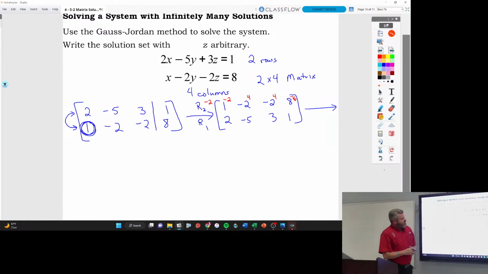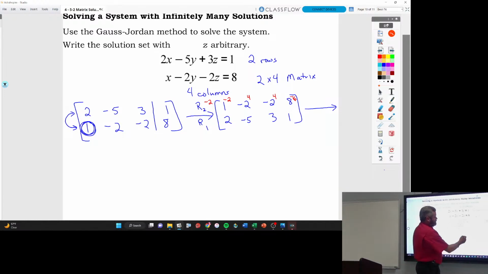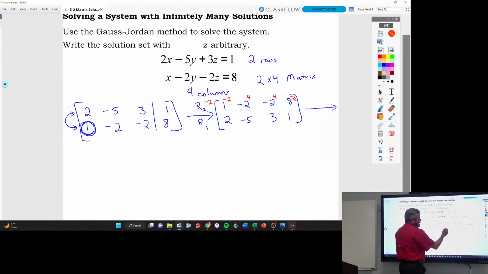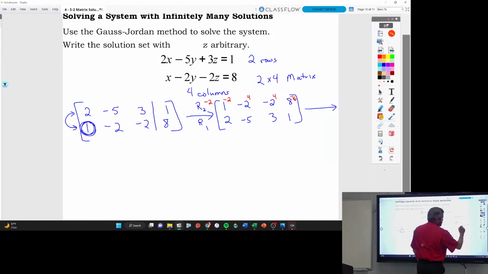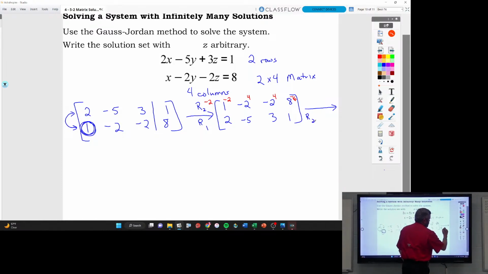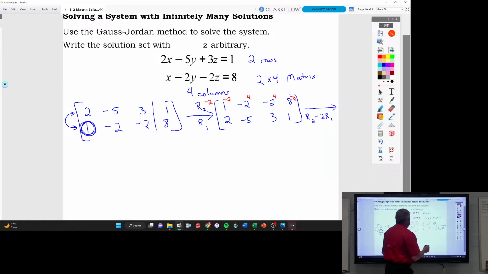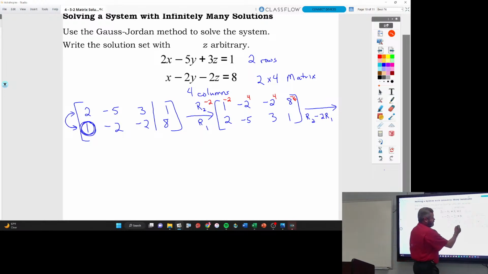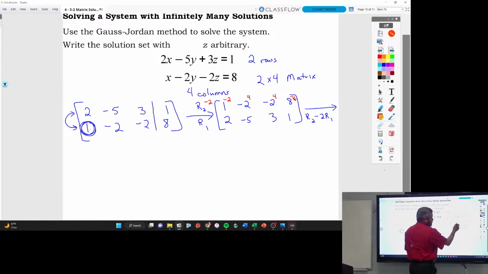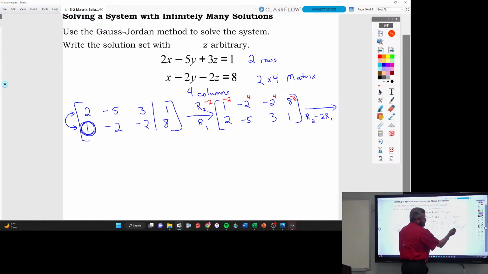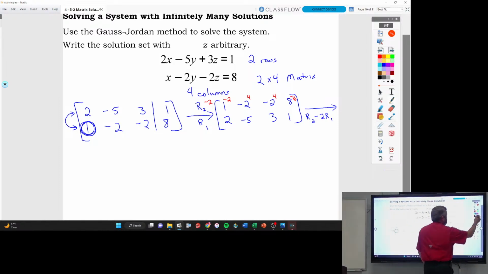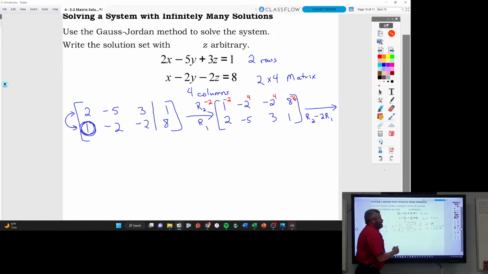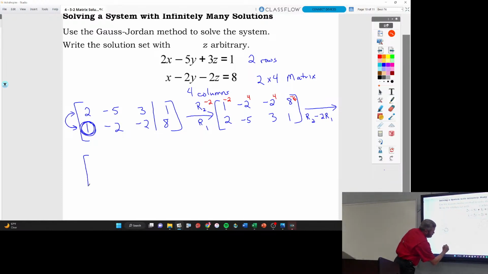So now, my new row 2, which was 2, -5, 3, and 1, I'm going to take row 2 and subtract 2 row 1s from it. Now remember, I've changed the names of my rows. So 1, -2, -2, 8 is now row 1, and 2, -5, 3, 1 is now row 2. Well, I'm changing my new row 2, which means row 1 hasn't changed.